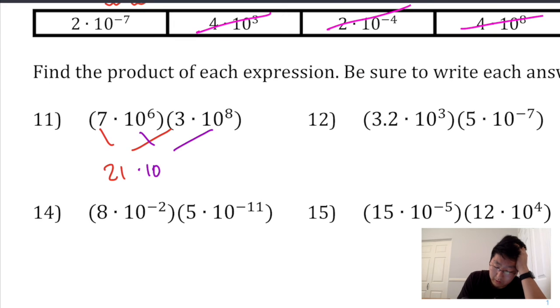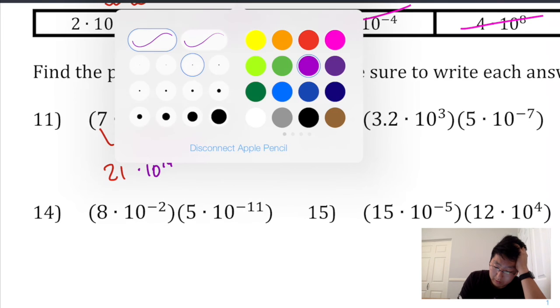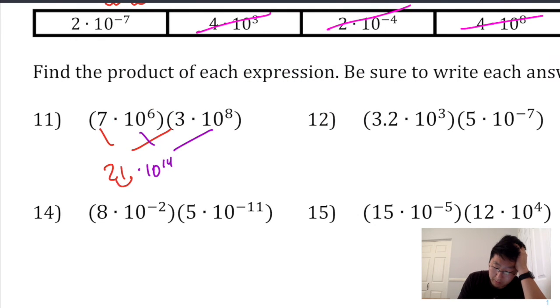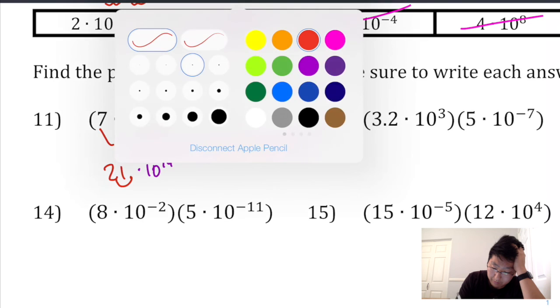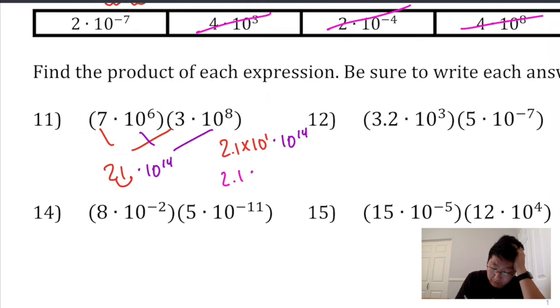Times 10 to the 6 plus 8 is 14. 21, the decimal point needs to move over. 2.1 times 10 to the 1st times 10 to the 14, and that gets us a total answer of 2.1 times 10 to the 15th. Okay.